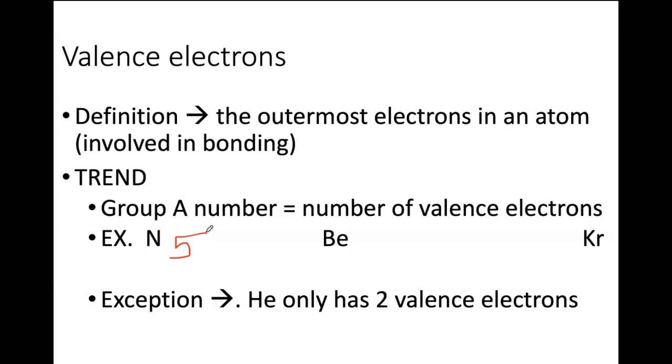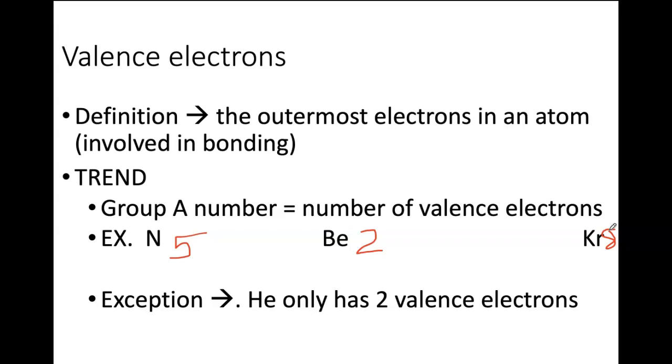Now, if you locate Be, beryllium, on the periodic table, it's on the left-hand side, right next to lithium. It is in group 2, so it's going to have 2 valence electrons. Find krypton. Krypton is in group 8, the noble gases, and it's going to have 8 valence electrons.